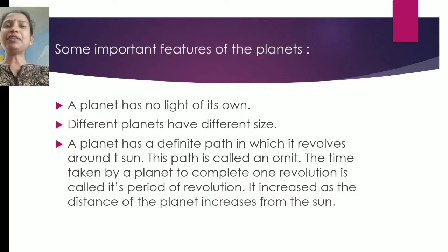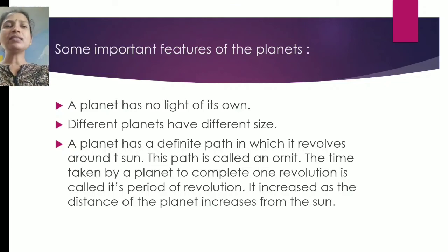Different planets have different sizes. It is not necessary that all planets have the same size, because when the solar system was formed, the particles came close to each other due to gravitational force and made a very heavy mass, so they have different sizes.